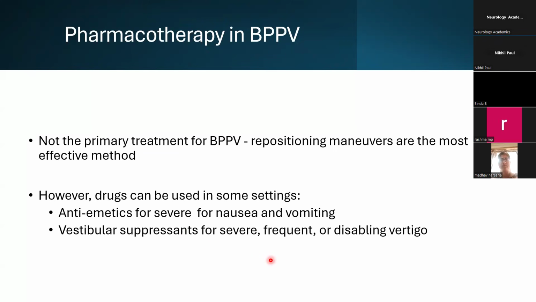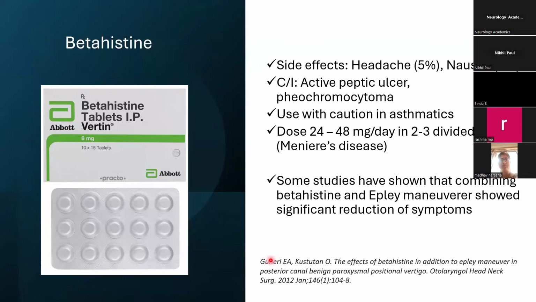We can always try drugs. The most commonly used one is betahistine. It's a histaminergic agent, and this is the one we usually use. The dose recommended for many years is 24 to 48 mg per day in divided doses. There are some studies which show that combining the two can give a significant reduction in BPPV symptoms.